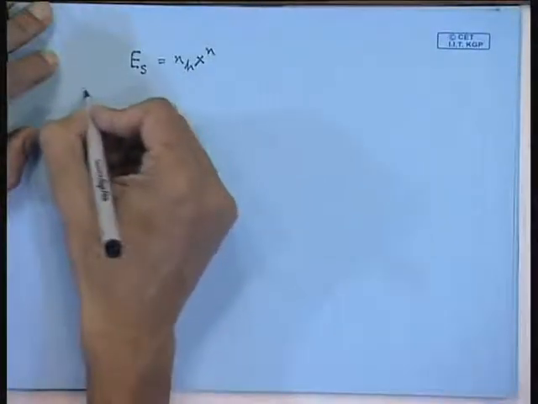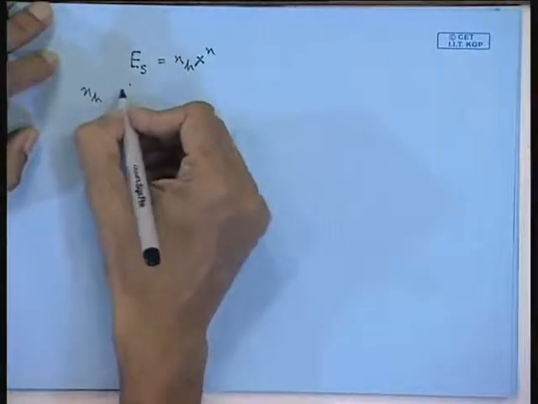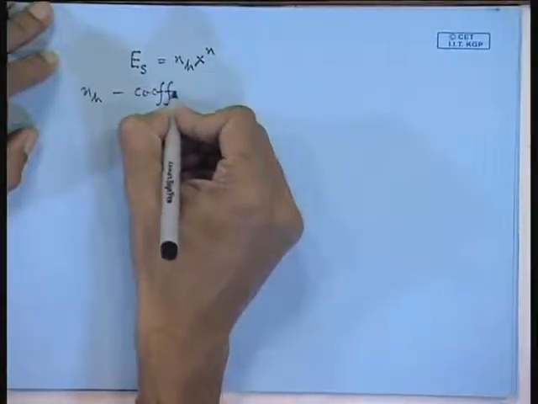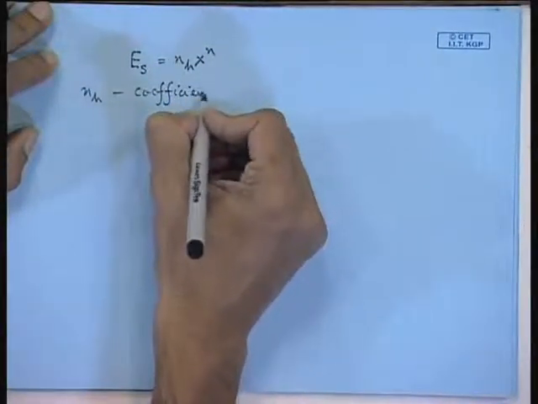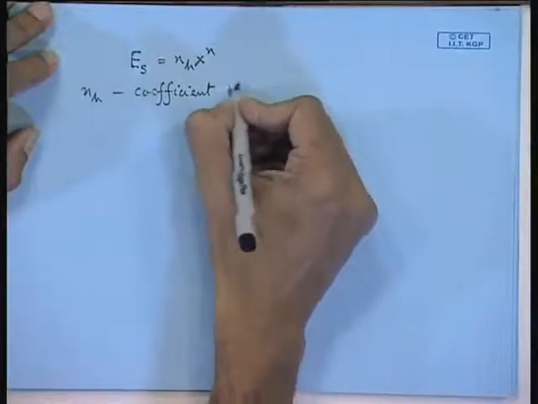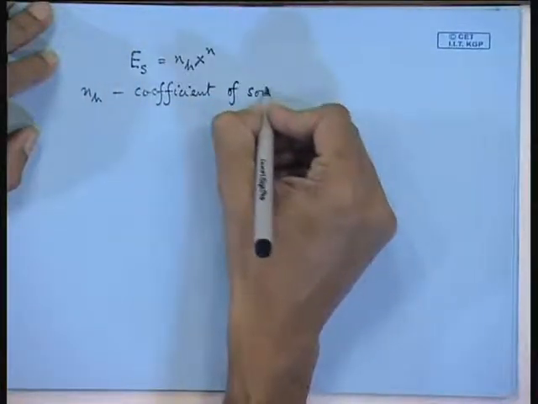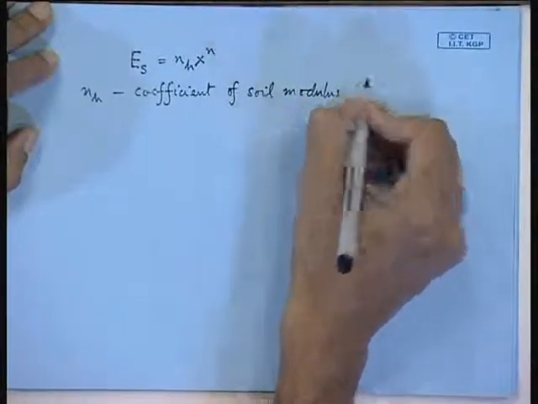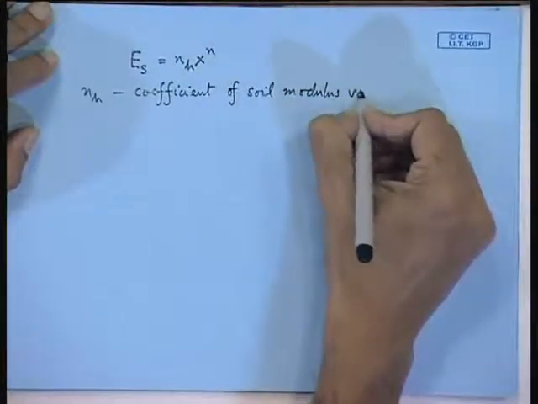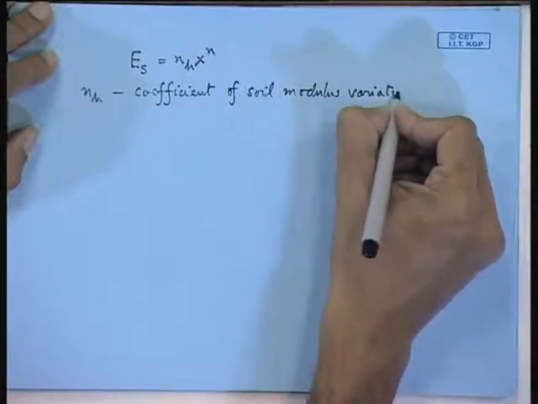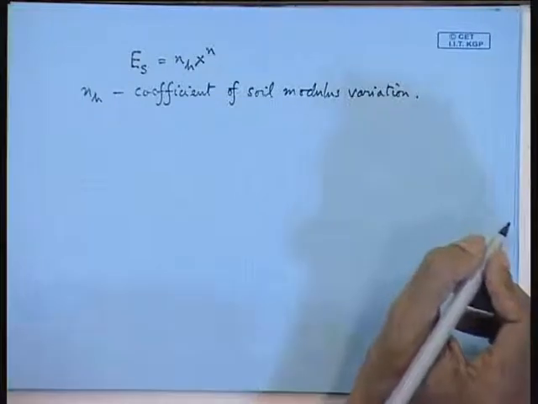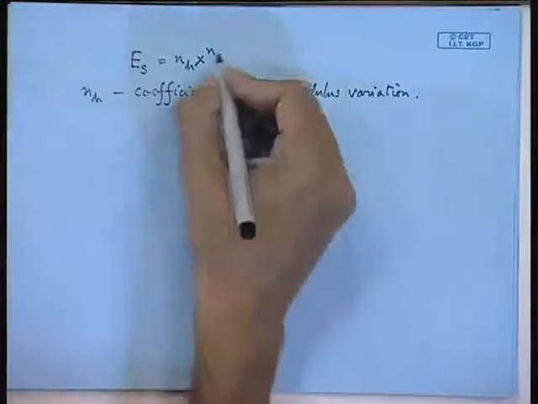Now, NH is called coefficient of soil modulus variation. So, this you can say, and the other is the n, this power.